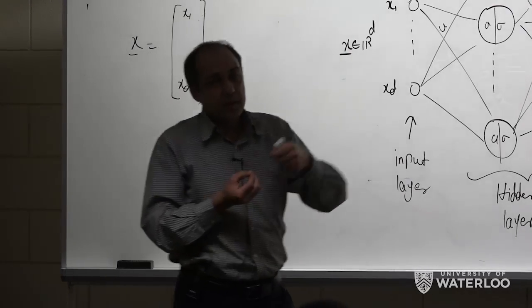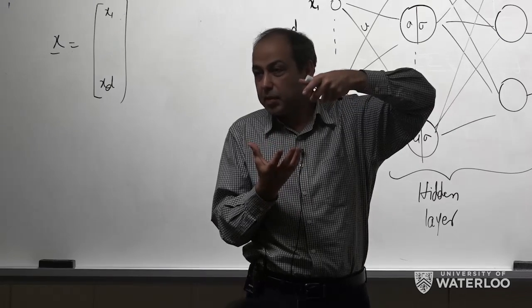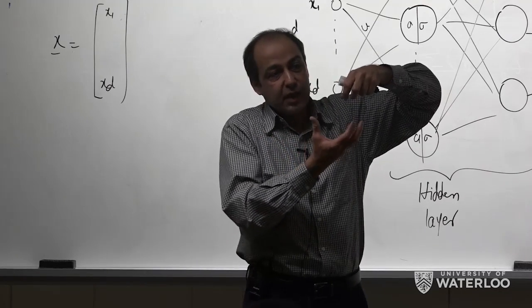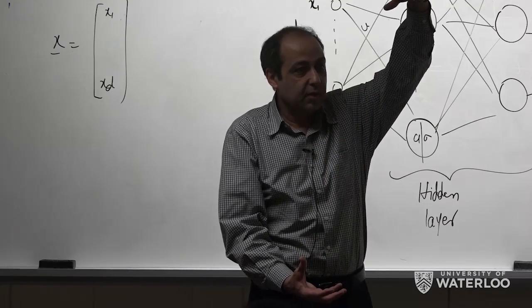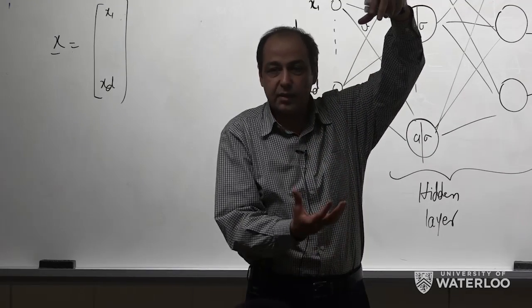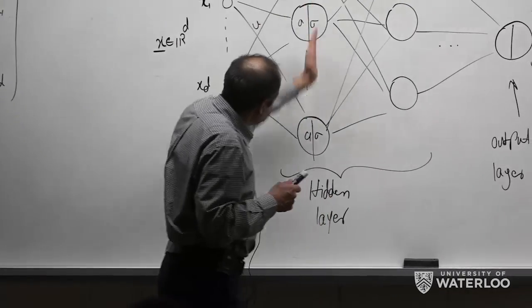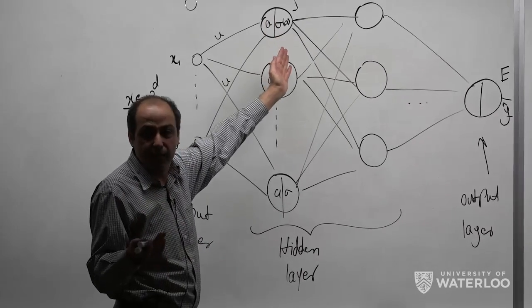And it's pretty well known that you can change the complexity of your network by adding nodes in a layer or adding many layers. If you add many nodes here, it's going to be a more complex model.